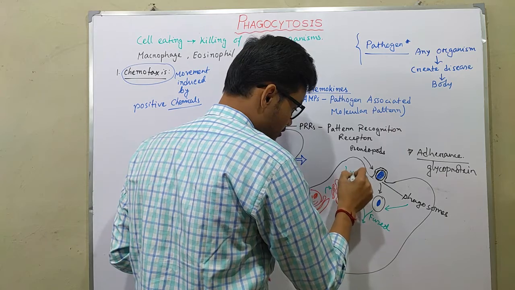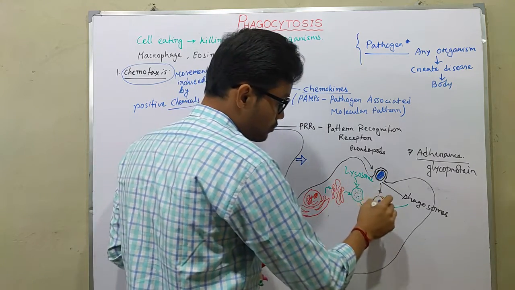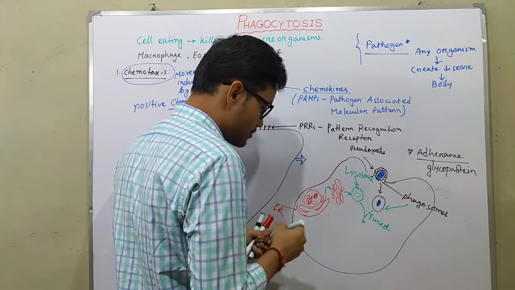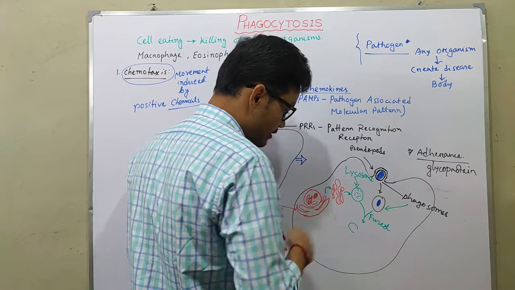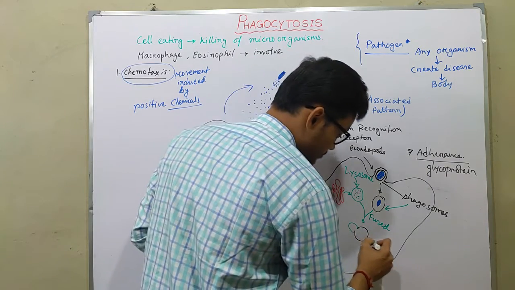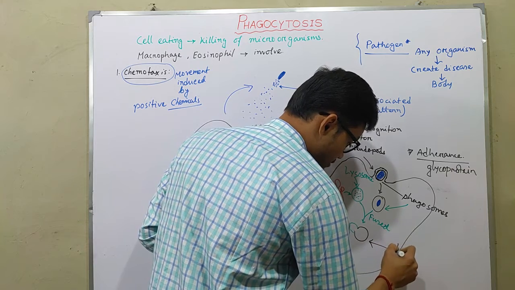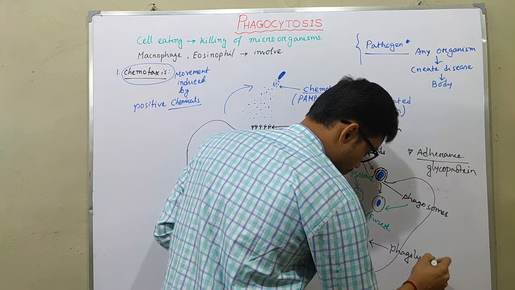Those lysosomes are fused with that particular phagosome and make a vesicle that is known as a phagolysosome.